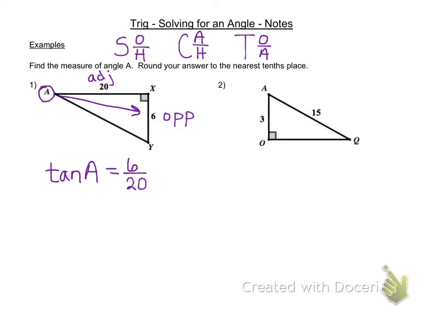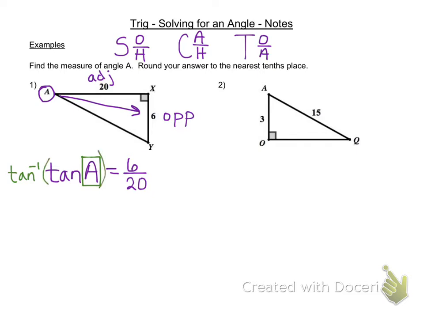Now our goal for this problem is to find the measure of angle A. So we're trying to isolate angle A right here. So instead of dividing both sides by tangent, what we're going to do is use the inverse of tangent, and that's going to cancel the tangent.